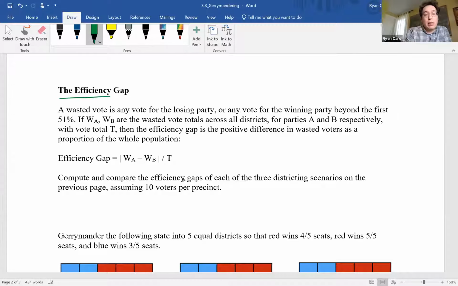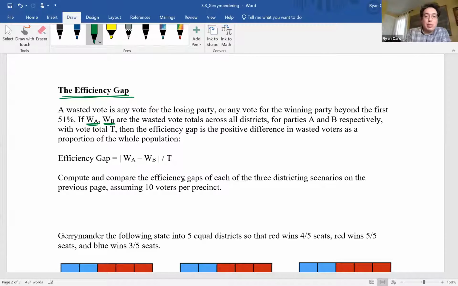The big Supreme Court decision that happened last year was on the measure called the efficiency gap. This is a way of measuring how many more wasted votes there were for one party over the other. So what you do is first count the number of wasted votes for each party. Let's say there are 2 parties, A and B, and you count the number of votes that they didn't need to win a particular representative.